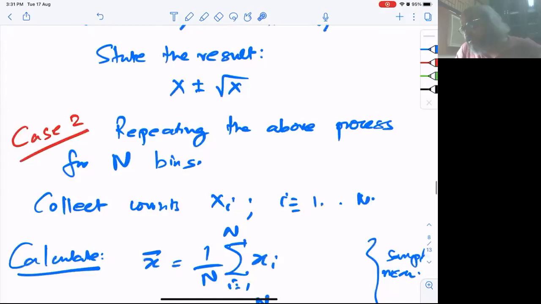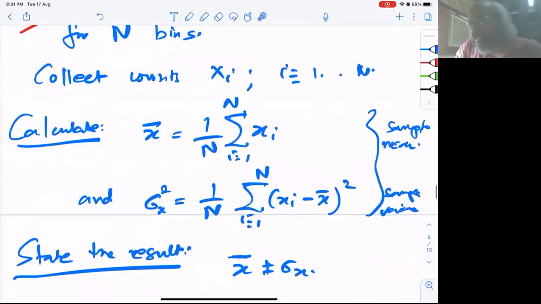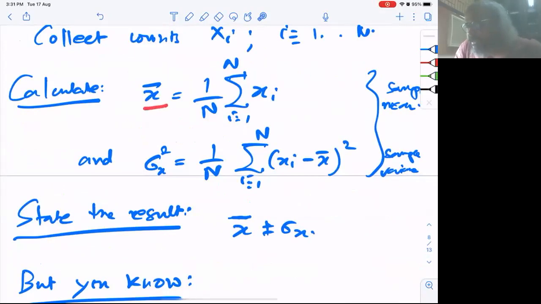So what can I calculate from this? I can add up these numbers and calculate the mean. And I can also calculate the standard deviation from the mean. Sigma x squared is the sum of xi minus x bar squared. Right. So this is all calculated from my data.